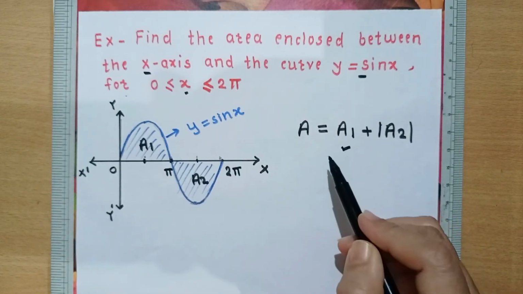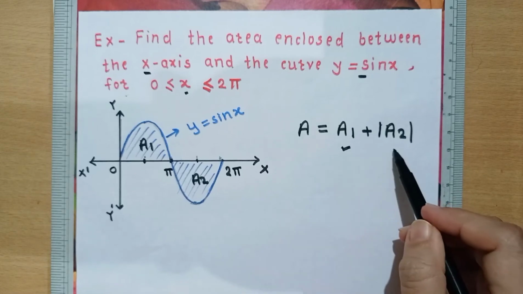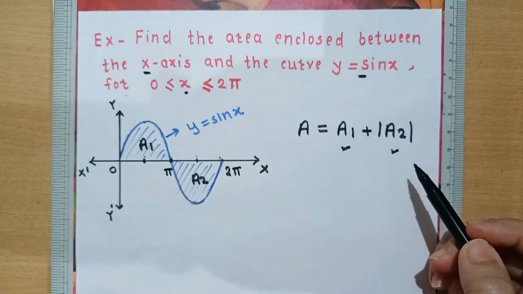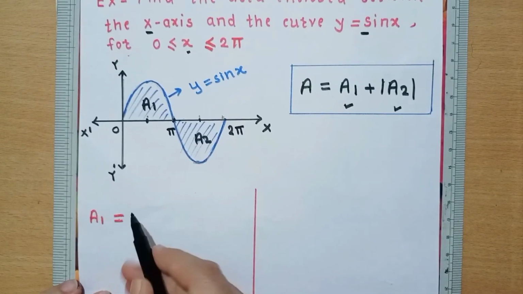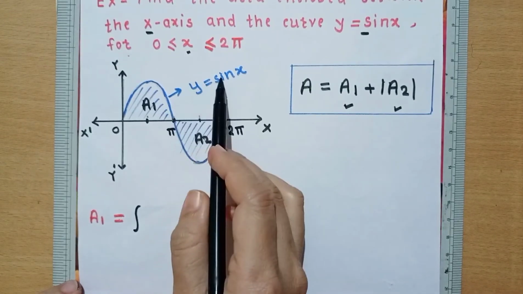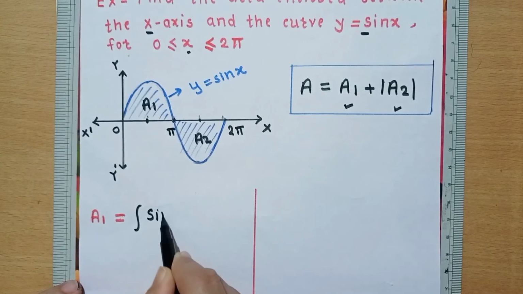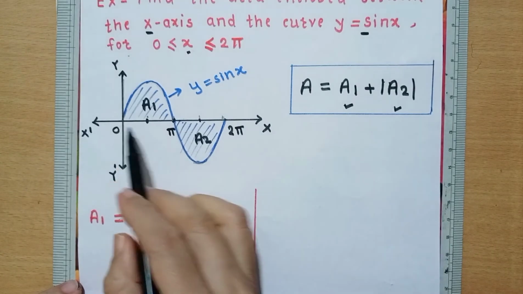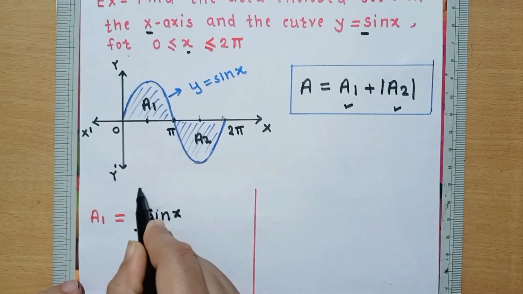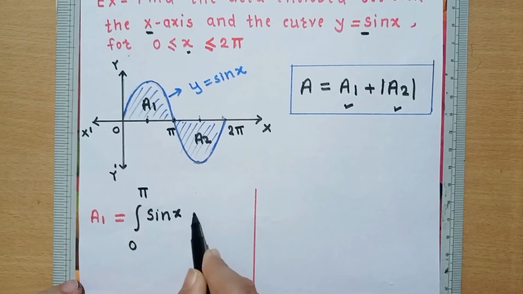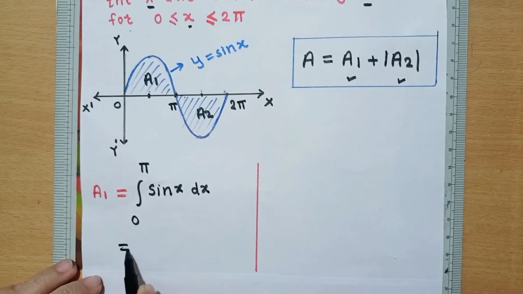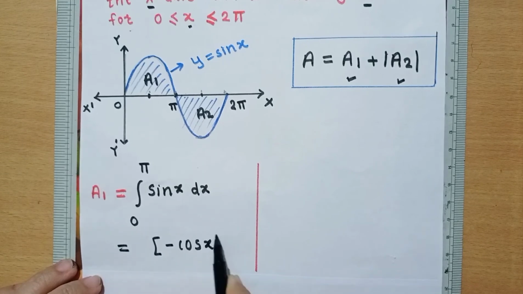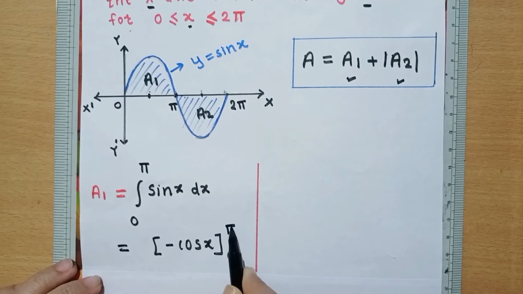So first we will find areas A1 and A2 separately. Let's find this A1 area. A1 is equal to the integration of this function sin of x dx, with limits from 0 to pi. The integration of sine is minus cos, so minus cos of x, with limits from 0 to pi.